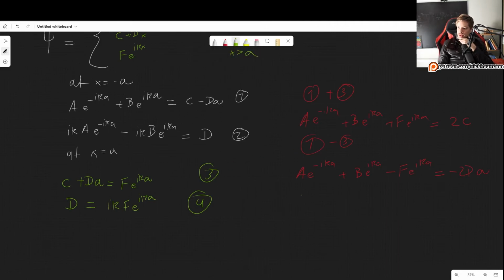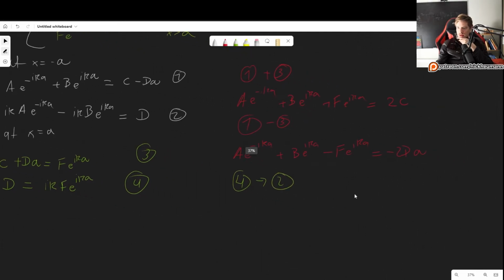So if we take equation 4 and plug it into equation 2, then what we get is ika e to the minus ika minus ikb e to the ika. This is equal to ik f e to the ika. Now this we can simplify, of course. We simply divide by ik. And there we go. We have something much, much cleaner.